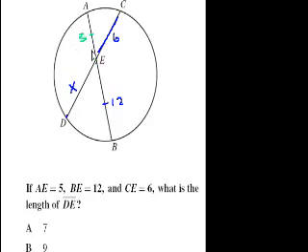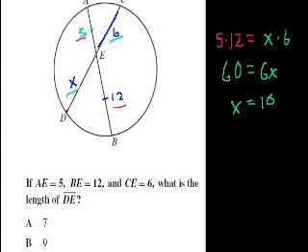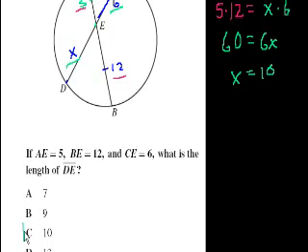So in this case, 5 times 12, the two segments of chord AB, is going to be equal to these two segments multiplied by each other. It's going to be equal to x times 6. So you get 60 is equal to 6x. Divide both sides by 6. You get x is equal to 10. And that is choice C.